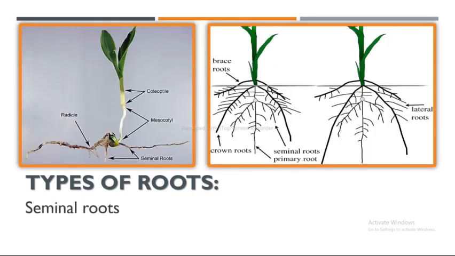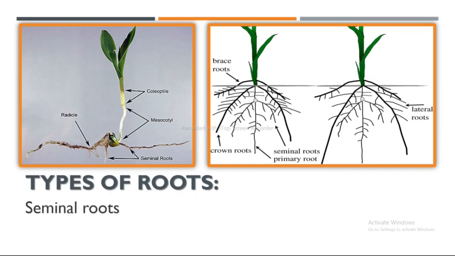In this figure you can see the seminal roots, which is also a type of root. This is the coleoptile and this is the mesocotyl, and this is the radicle, the main root of the plant, and these are the seminal roots. Seminal roots are only present in Poaceae members or grasses.